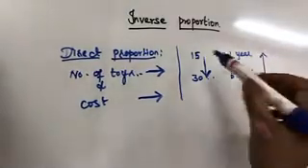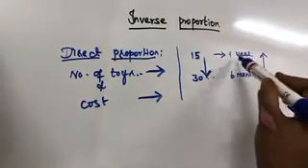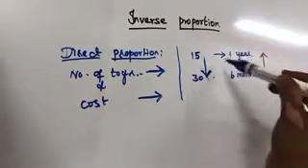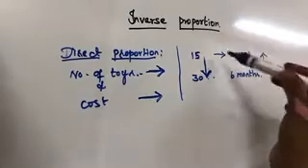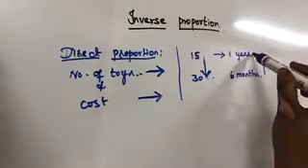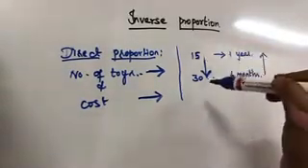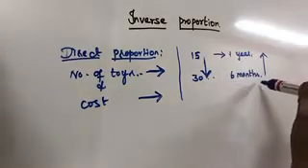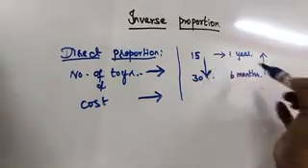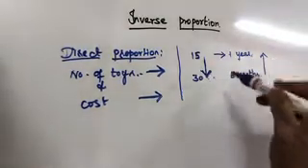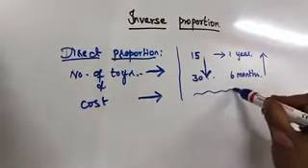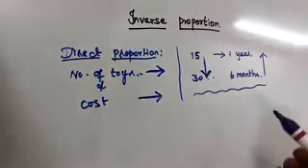When we have fewer workers, we need many days to complete the work. If we have more workers, we can finish the work in fewer days. So, one is increasing, but the other is going in the opposite direction, that means decreasing. This kind of example is known as inverse proportion.